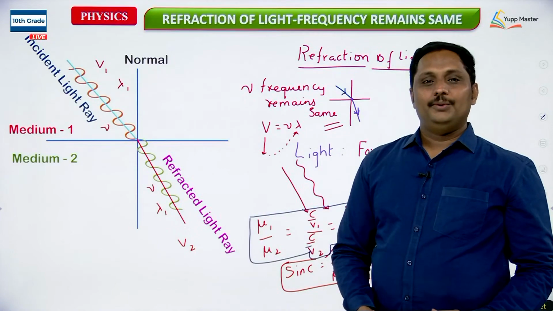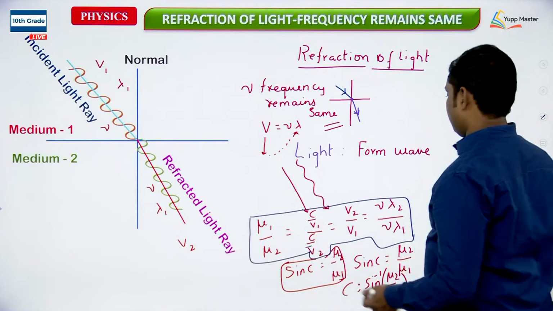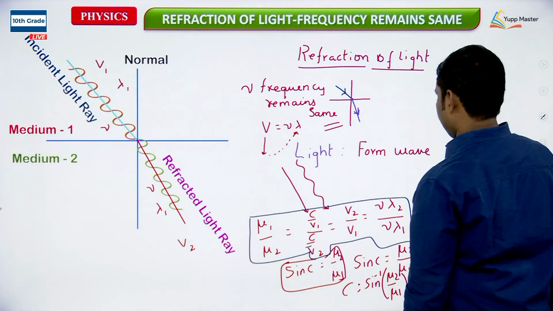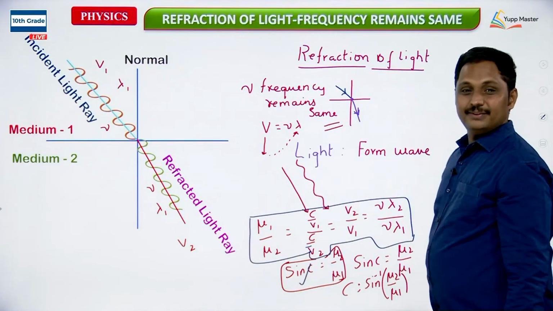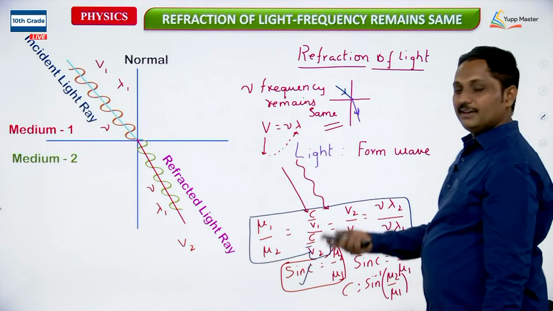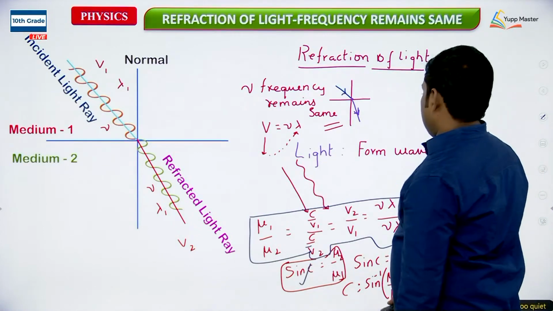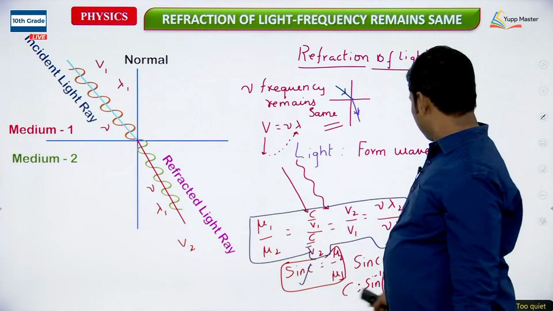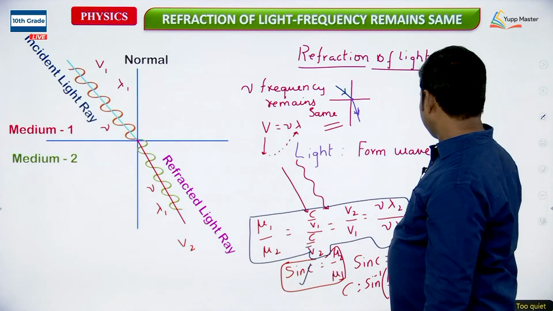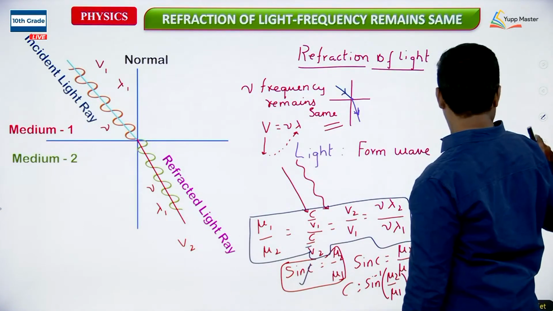Please keep in mind, right. So with the relation sin C, the critical angle also we can calculate, it is not a matter, and you will get lambda 1 and lambda 2, you will get these values.